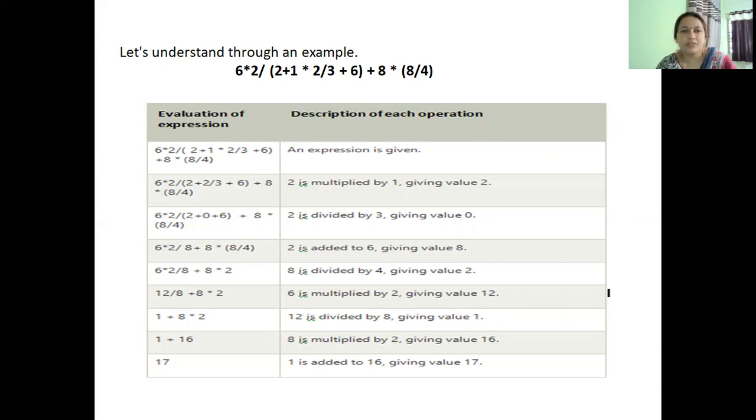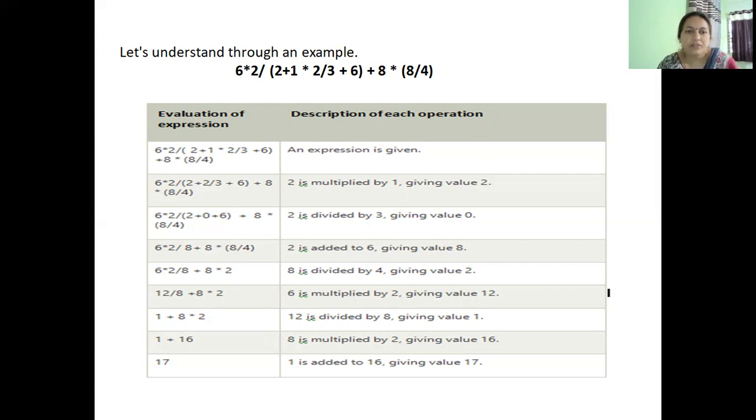In BODMAS, B stands for bracket open, D stands for division, M for multiplication, A for addition, and S for subtraction. So that's the order in which we perform the evaluation. Always first the bracket will be evaluated, and inside a bracket, left to right associativity is used and operators are evaluated accordingly. Multiplication and division are performed before addition and subtraction.